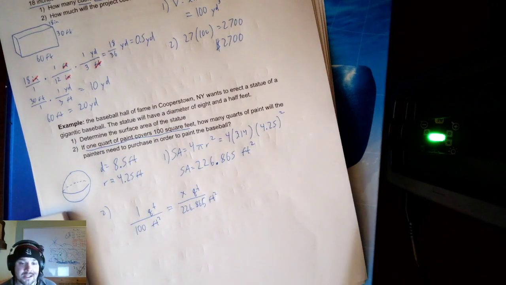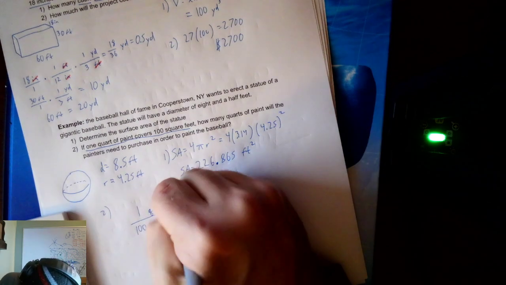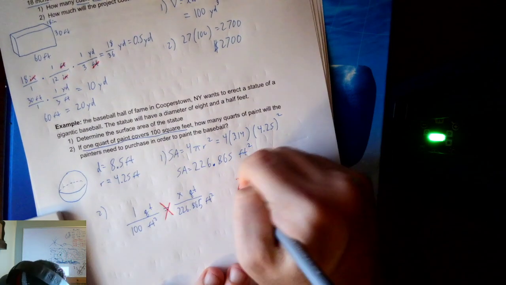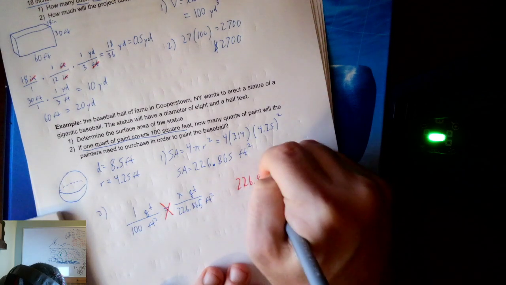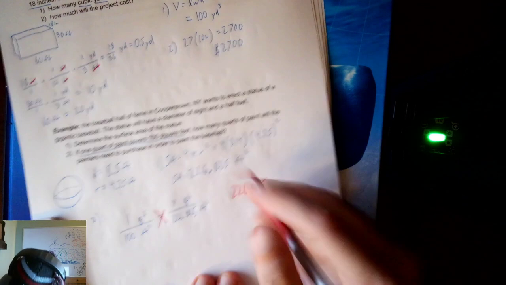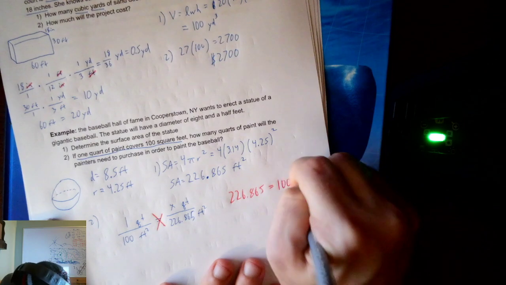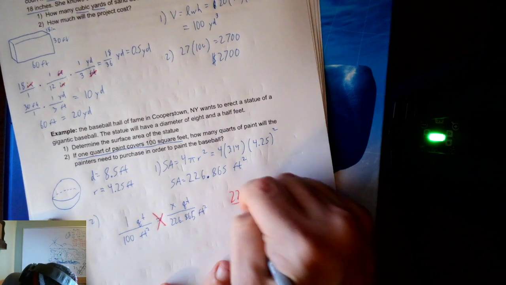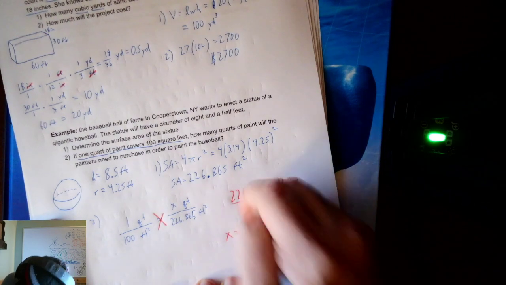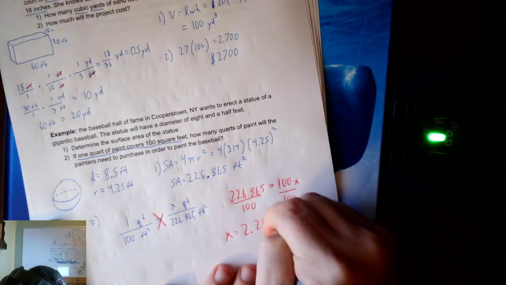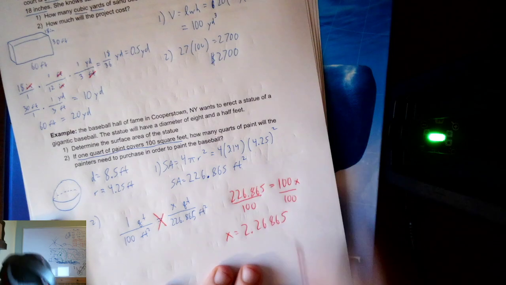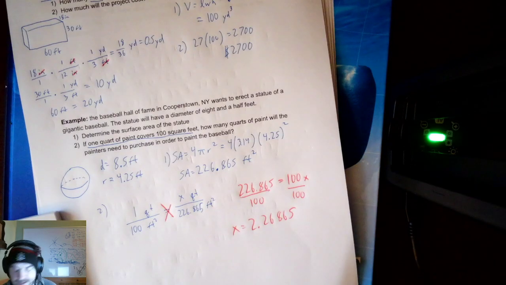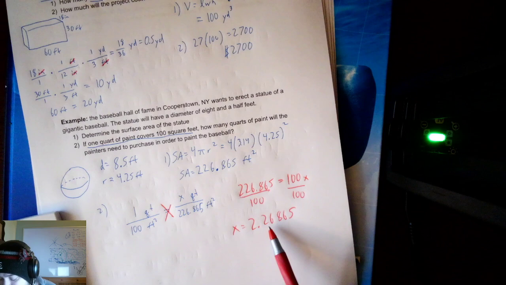We're trying to figure out the number of quarts to cover our baseball. So I can cross multiply. I'll get 226.865 this way and 100x the other way. Divide both sides by 100. That will leave me with x equals 2.26865 quarts.